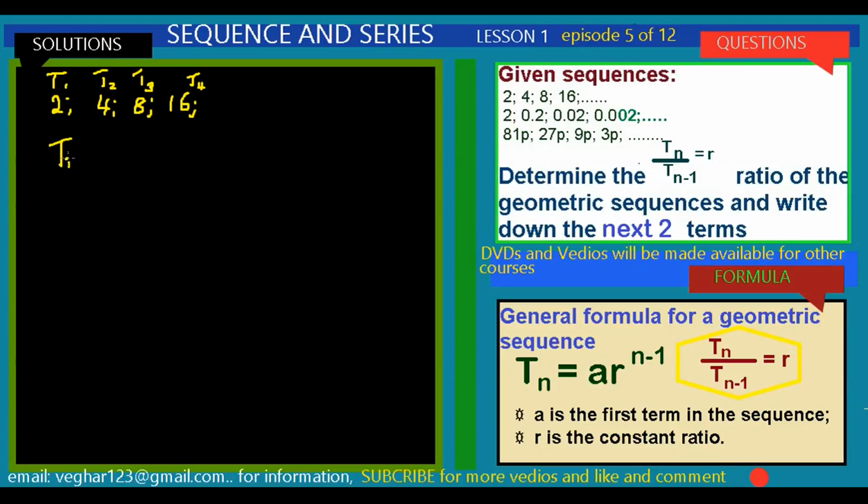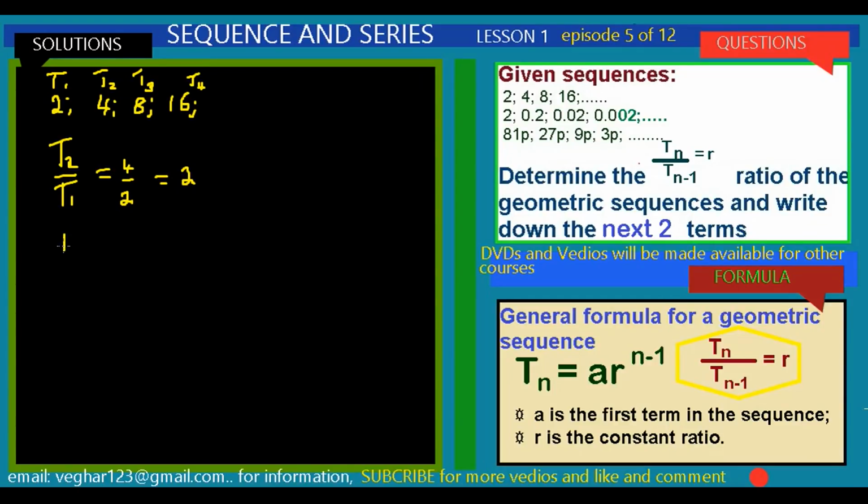To find the ratio, we take term number 2 over term number 1. Term number 2 is 4 over 2, so it's 2.